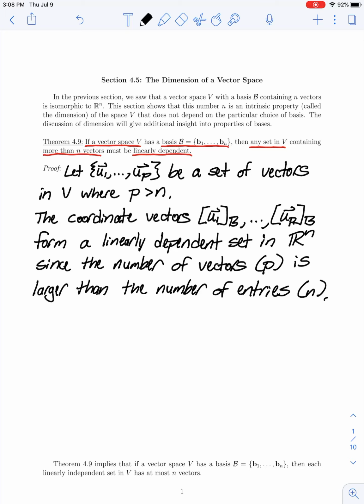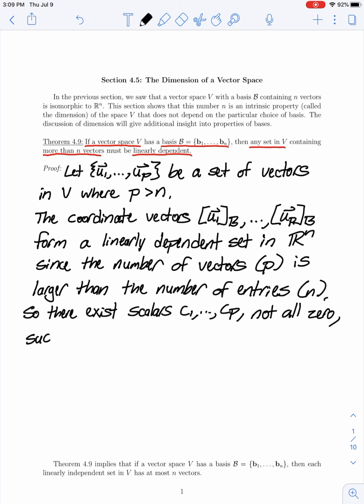So linear dependence here means that there exist scalars, let's say c1 up through cp, which are not all 0, such that a linear combination of these coordinate vectors with respect to the basis B is equal to the 0 vector in Rn.